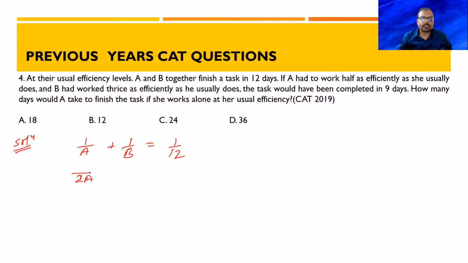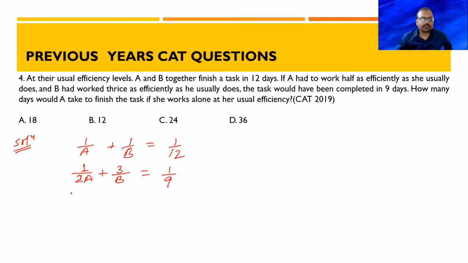So it takes 2A. And B works thrice as efficiently. So B takes B by 3. And the work has been completed in 9 days.